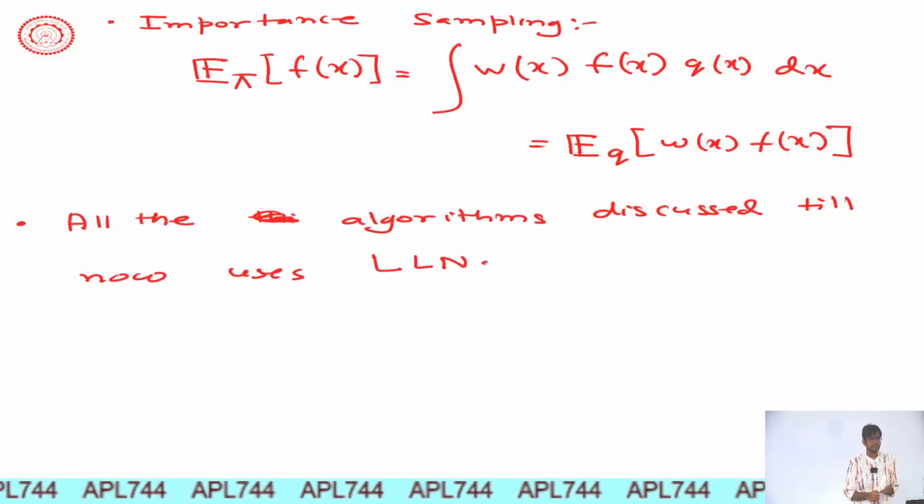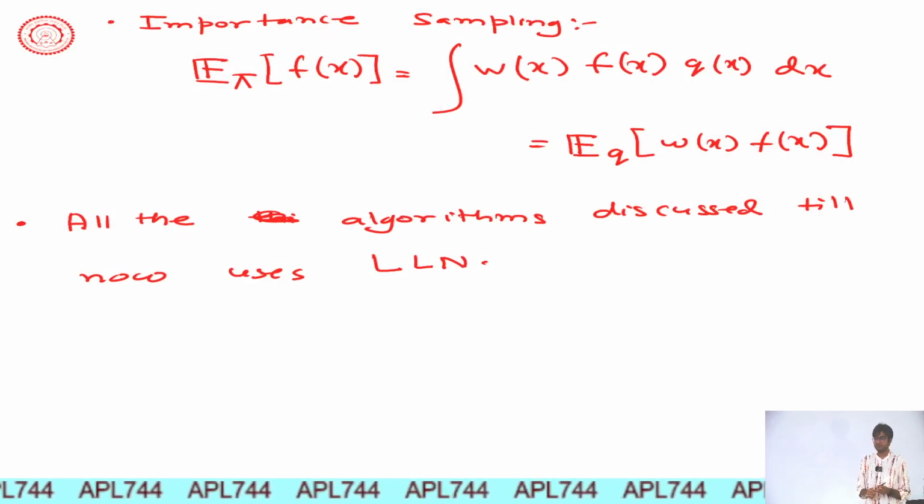So now there is a problem here. The problem here is that the law of large numbers is based on the independence assumption. If the samples are not independent, then the law of large numbers is not valid. And in that case, you cannot say that the mean will converge towards the mean or the distribution will converge towards the distribution.